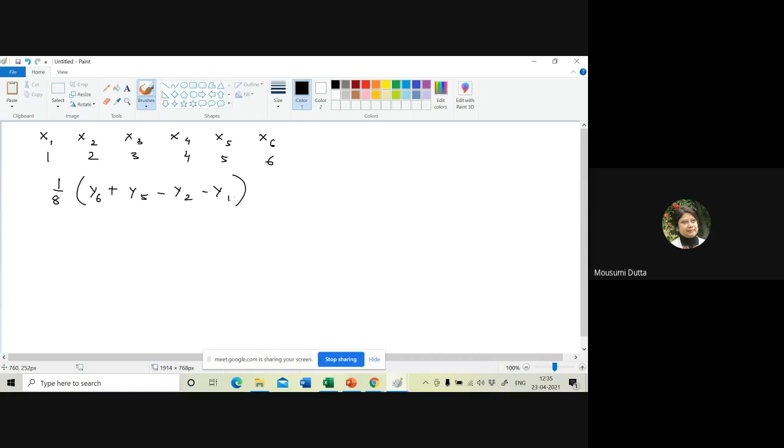So the researcher is proposing that the estimate of the slope of the linear relationship between y and x is given by 1/8 (y6 plus y5 minus y2 minus y1). Next, show that this estimator is unbiased.